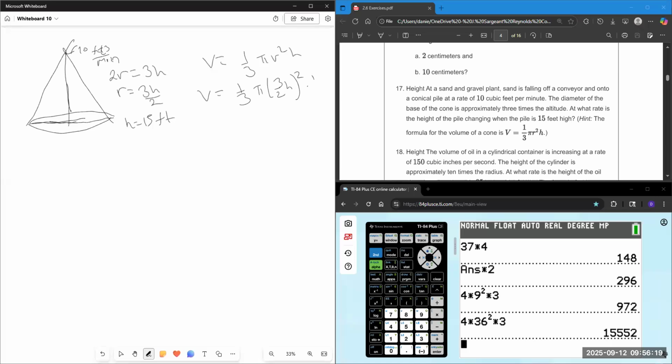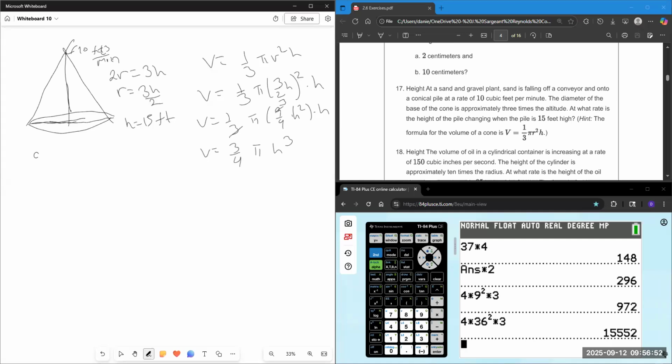I'm going to square that, times h, times 1/3 pi, and that's 9/4 h squared times another h. 3 goes into 9 3 times. So V is 3/4 pi h cubed for my volume in this situation, where I have a cone with that relationship of 2r equals 3h.